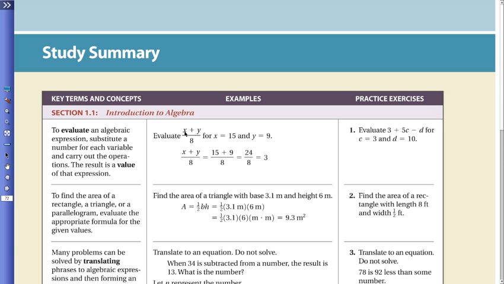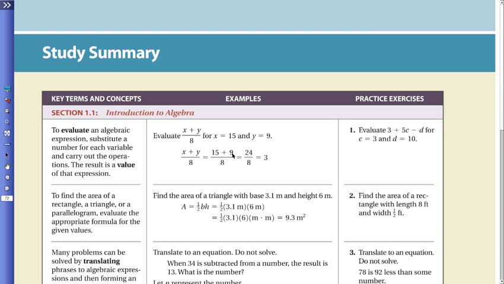In this case, the example is x plus y, where we could put any values in for x and y, all over 8. So this is a fraction, and if they want us to evaluate it for when x is equal to 15 and y is equal to 9, you put those values in for the variables. Remember, you've got to use order of operations, and a mistake that sometimes happens is that a fraction bar creates a grouping of the numerator and the denominator.